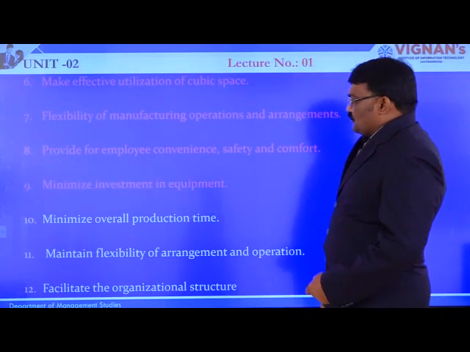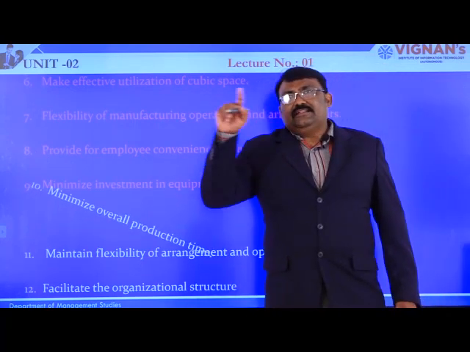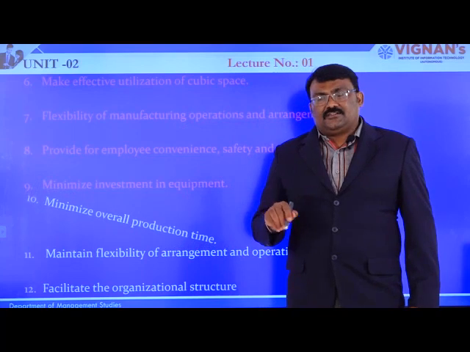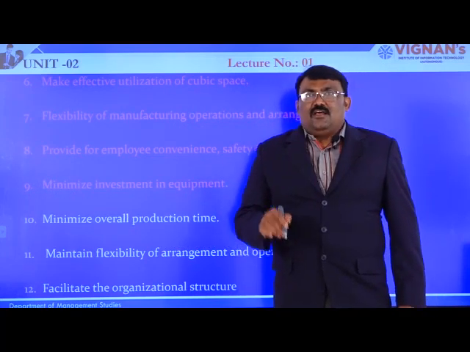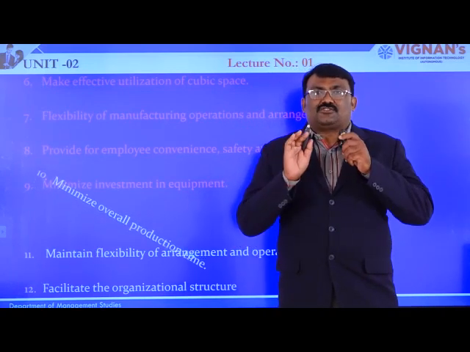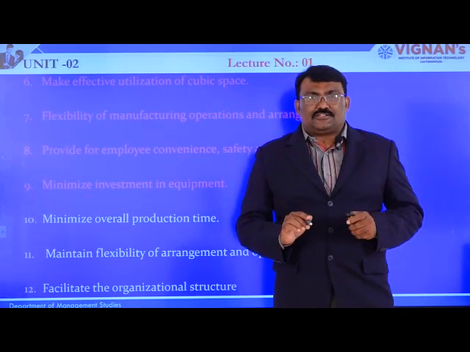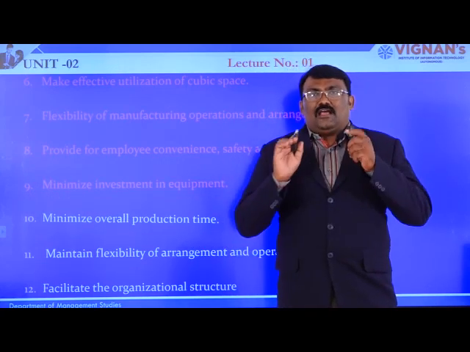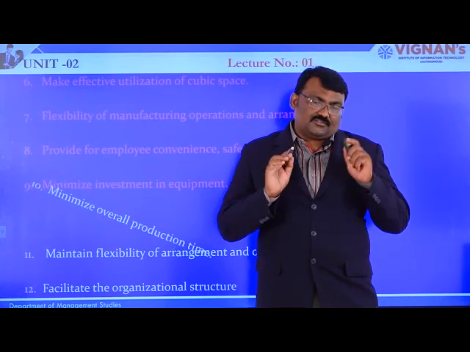Now, coming to the next one, minimum overall production time. The layout in the organization should be established in such a way that the overall production of the product happens in the shortest duration, or the product manufactured in the layout is provided in the least time duration.